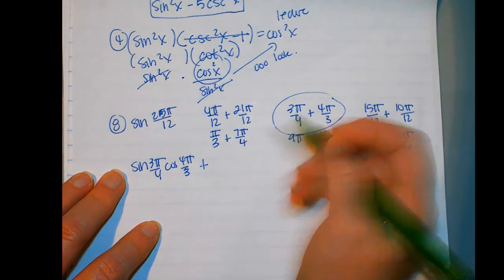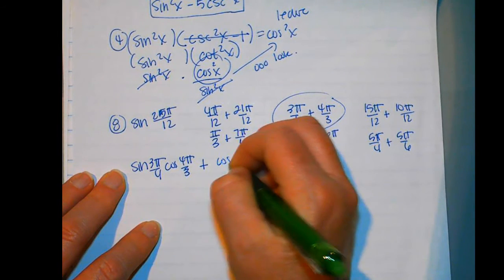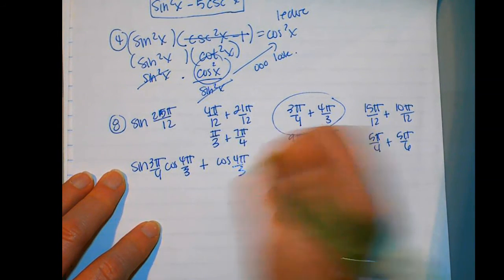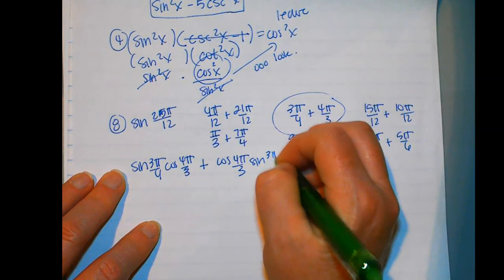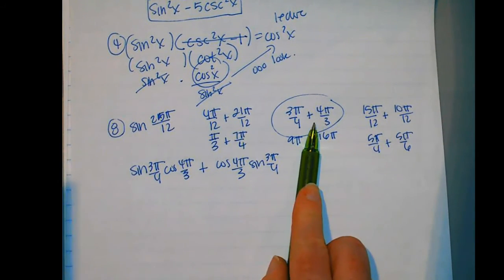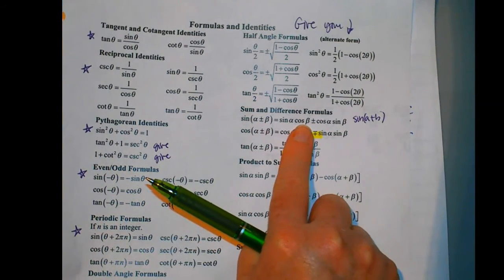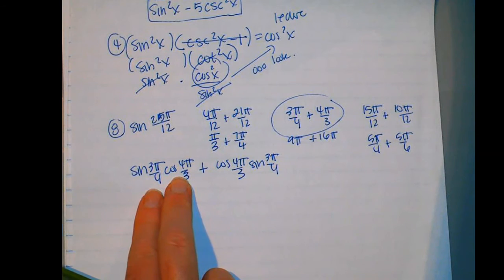Sine has the same sign, and then we're going to do cosine of the first one, sine of the second one. But you're going to be given that identity. You should have pulled out this sheet. Because we found addition, we find the sum and difference, and addition has the same sign, but sine and cosine are switched.